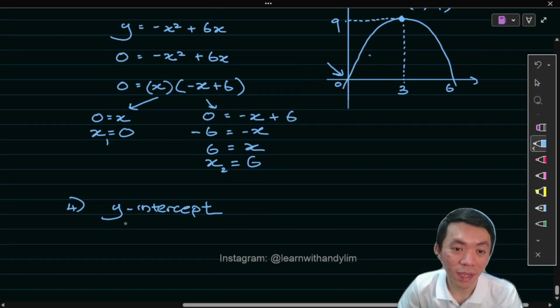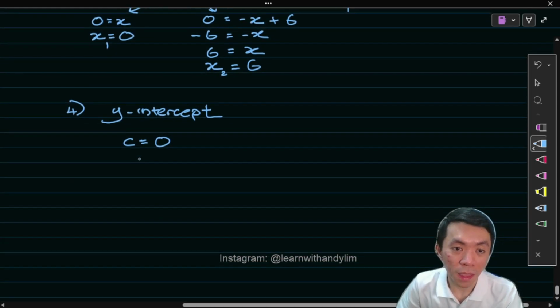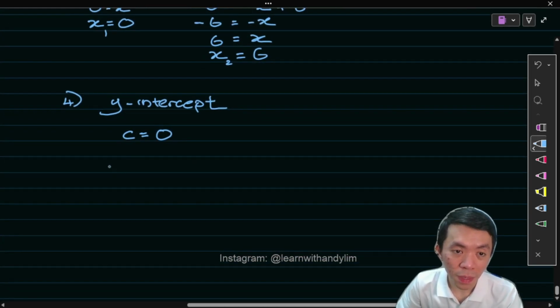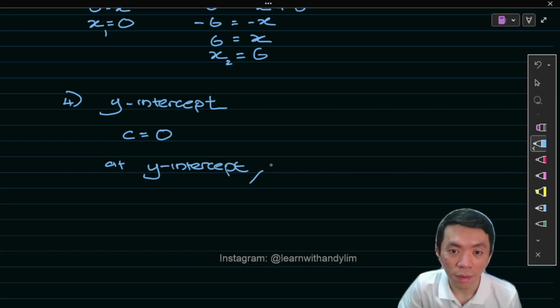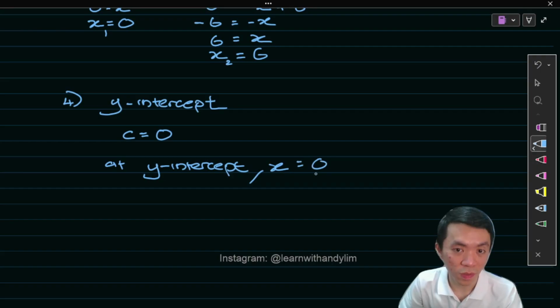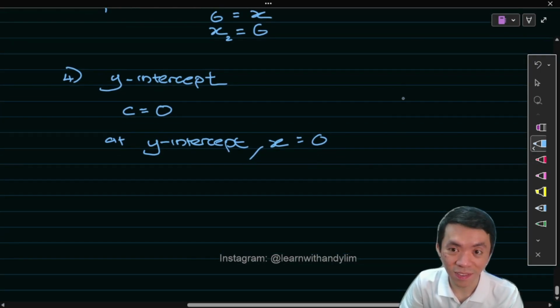My y-intercept, which is my c, is equal to 0. It is pretty clear in our case. But if it is not clear, we will need to find out. At the y-intercept, I'm gonna write my x will always equal to 0. This is just the nature of it.